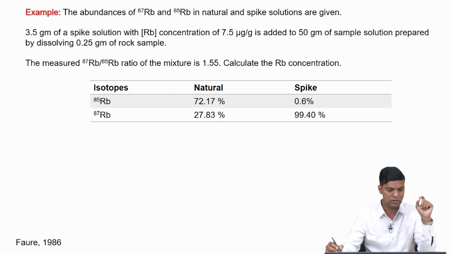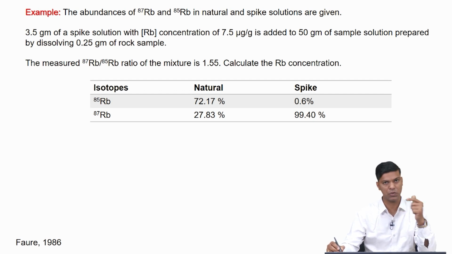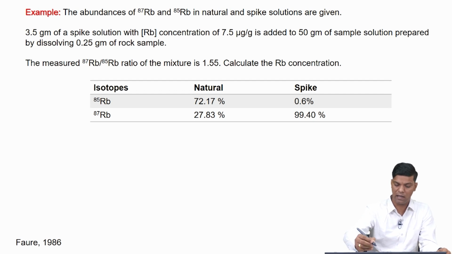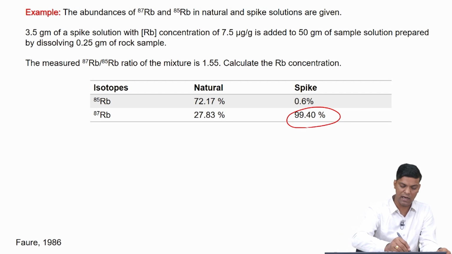Now, I will take you through an example of rubidium concentration measurement using isotope dilution. This particular measurement is done by adding a spike which is enriched in rubidium-87.